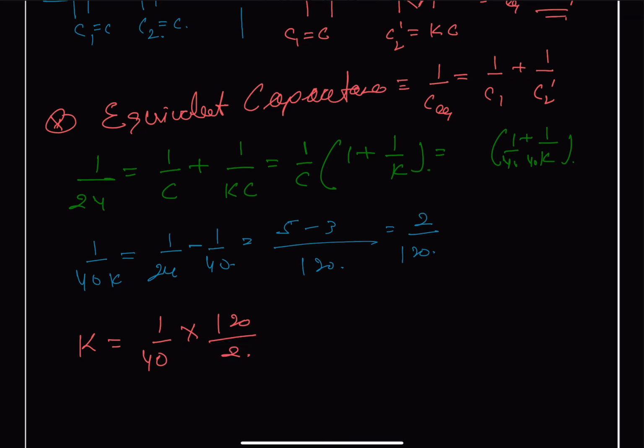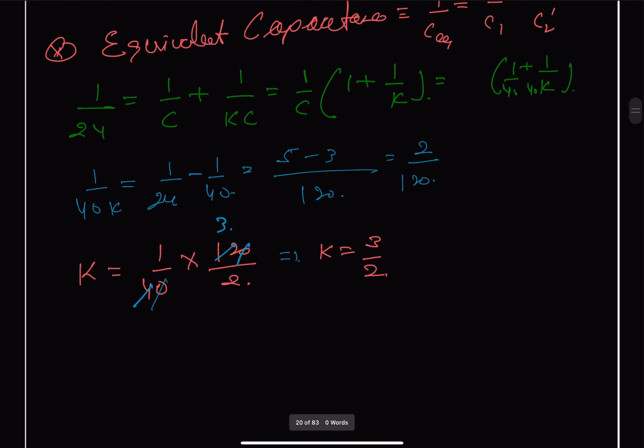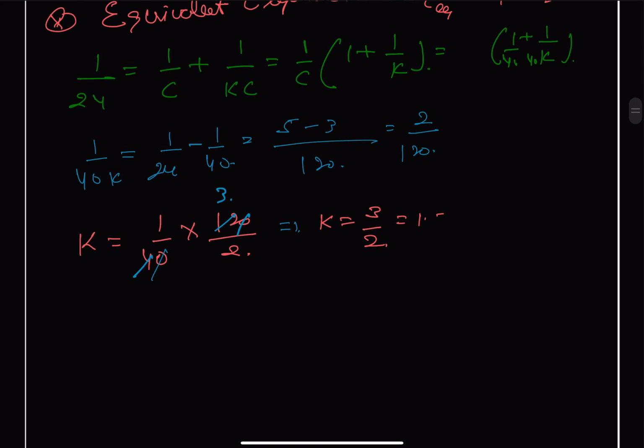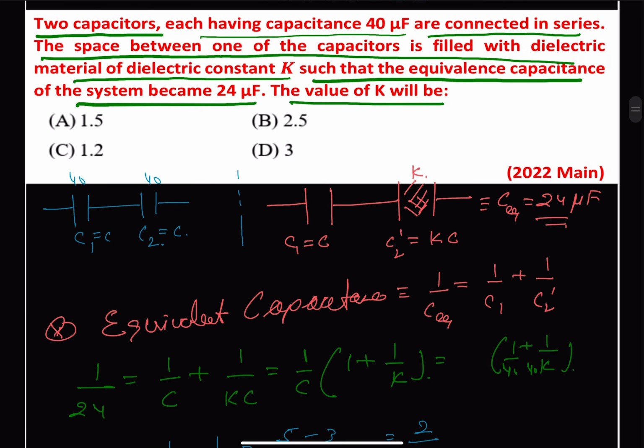And 0 goes by 0 and this goes by 3. So we get that the value of K is equal to 3 by 2, which is 1.5. So option A is correct.